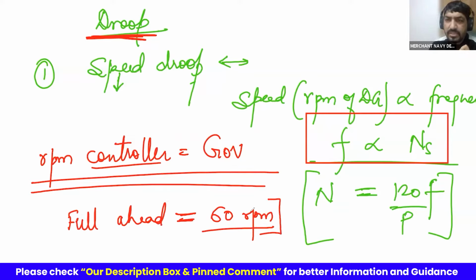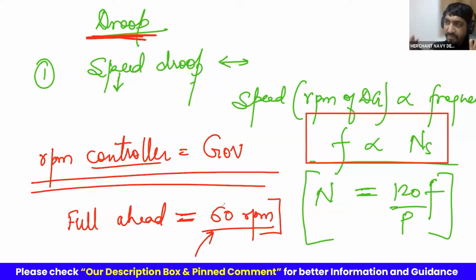Let's say your ship is loaded or unloaded, or you're getting wind from behind or against you. Load may change, but the RPM is set 60, it will maintain 60. This is the work of the governor. Whatever is the set value, the governor will try to maintain that in the main engine.